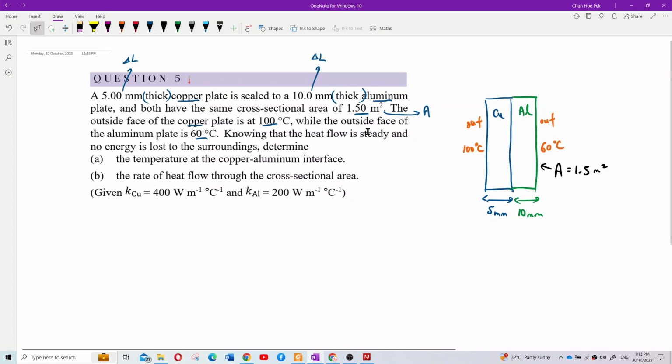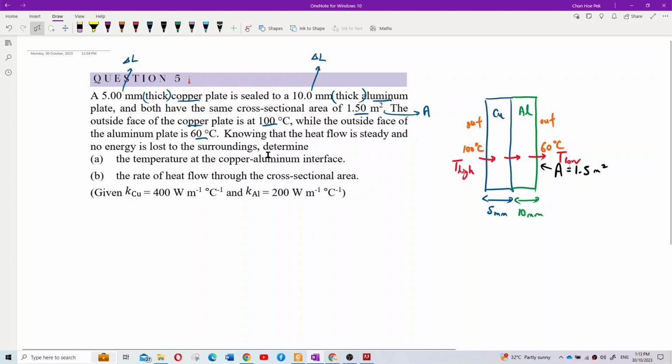So heat actually flows from the hot temperature, passing through the interface and then going to the aluminium. From copper it goes to aluminium. Understand? Heat always flows from high temperature to low temperature.